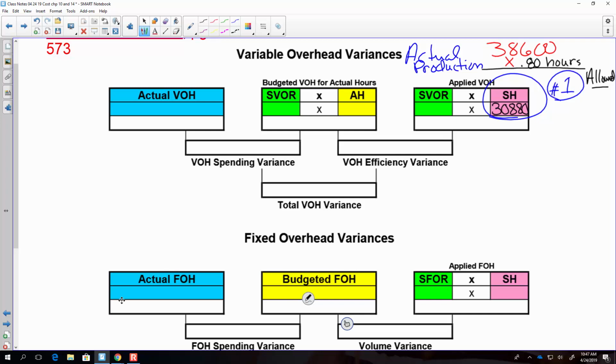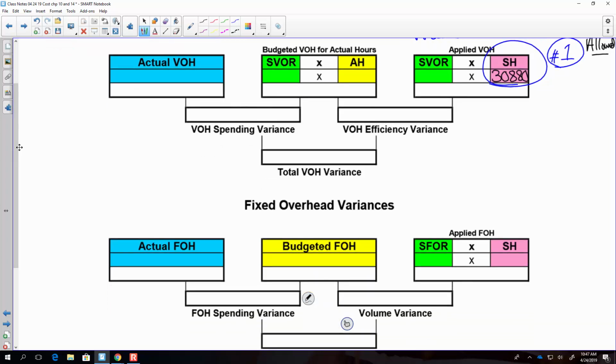Now, what's nice with this section is that allowed hours can also be used for the fixed overhead. They're one and the same. So they're the same color box here, so put the 30,880 here as well.